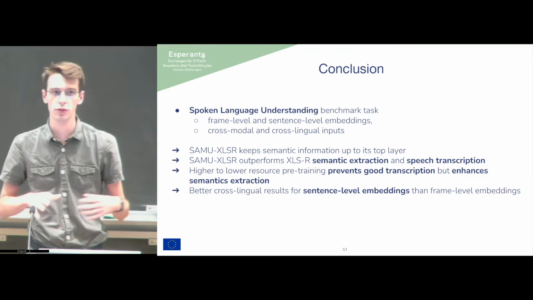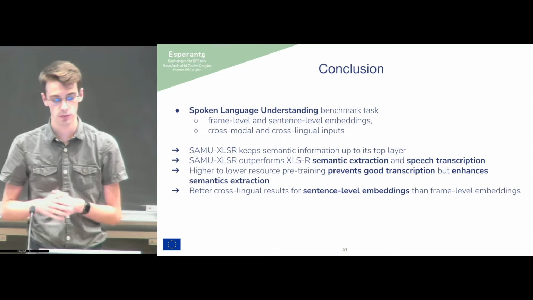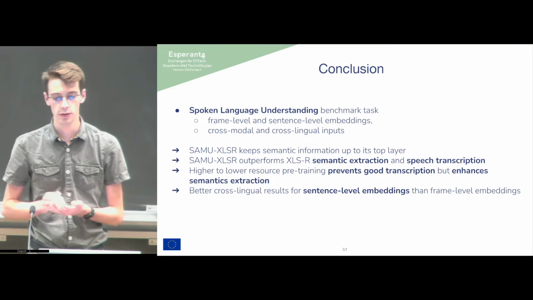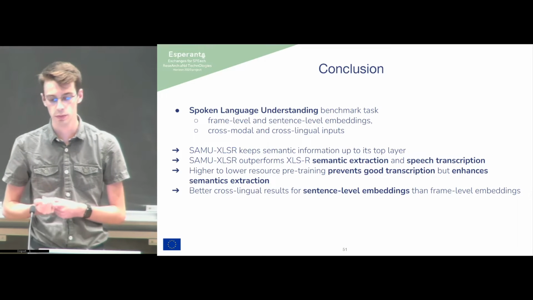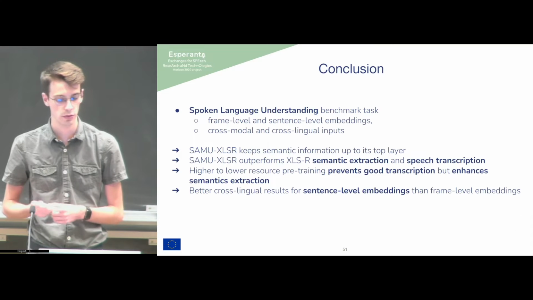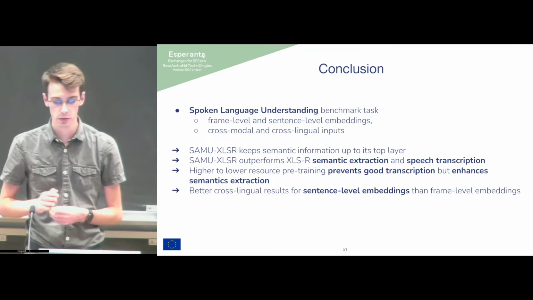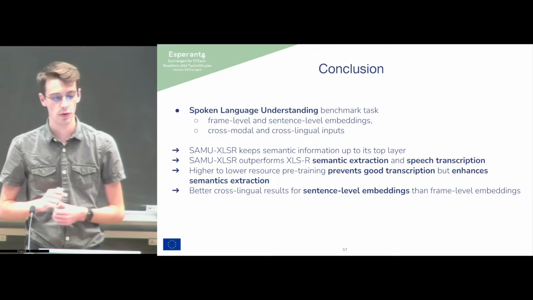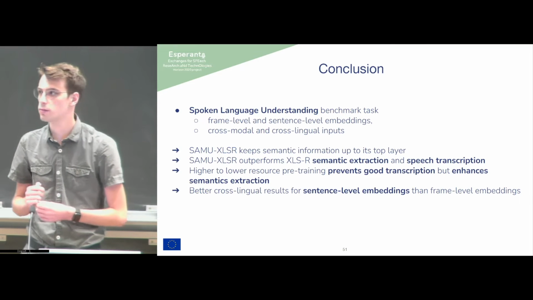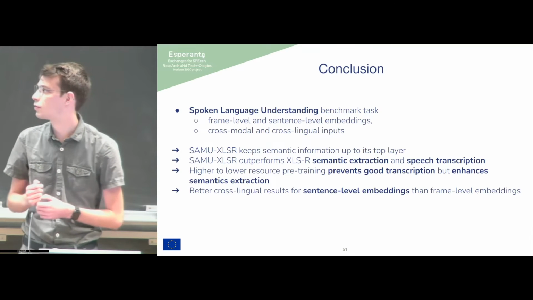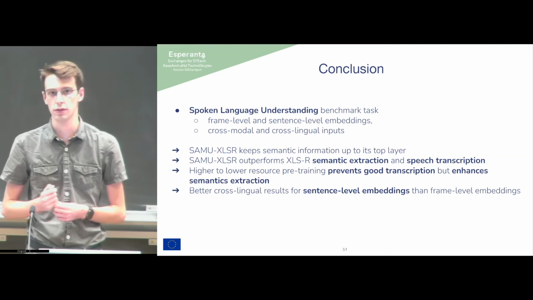When switching from higher to lower resource with pre-training, we cannot get good results on the transcription, but we are still managing to get better results on the semantic extraction task. And when we train on the sentence level embeddings, we are able to get better results than the frame level embeddings for the cross-lingual tasks.